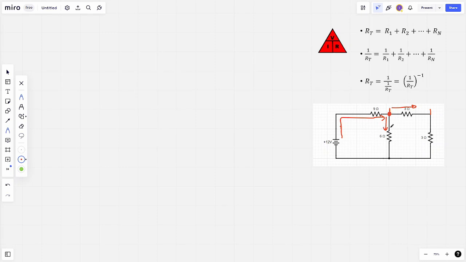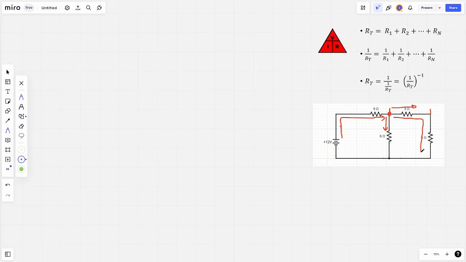As the current turns, let's say the current begins to flow towards this 6 ohms. This 6 ohms is now in parallel with these 2 resistors. If the current flows around this way, there's only one direction for the current to flow, which is clockwise.